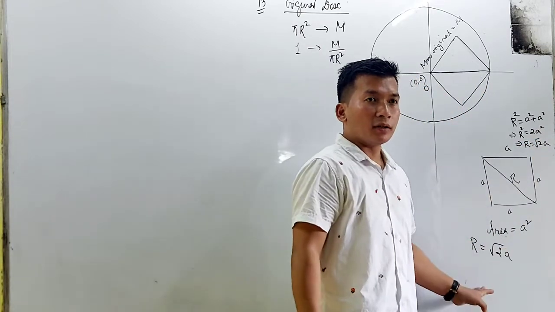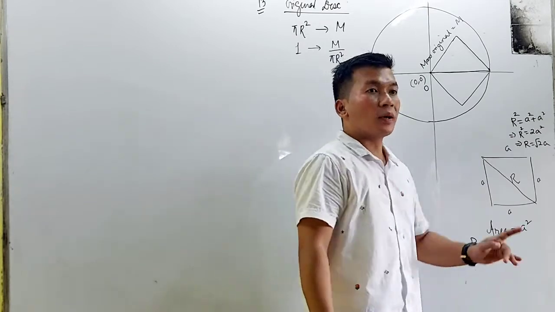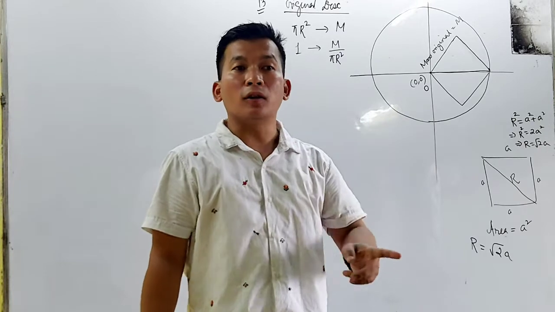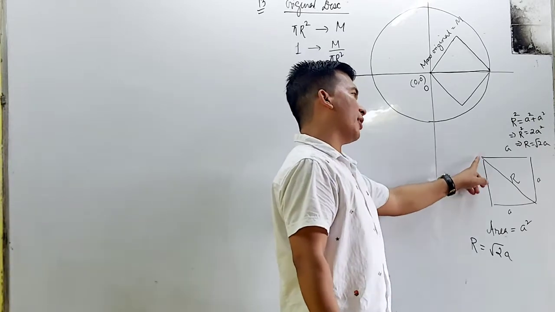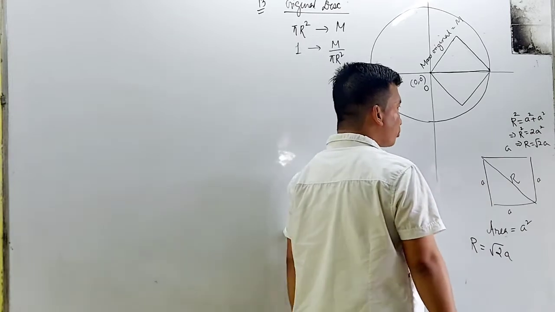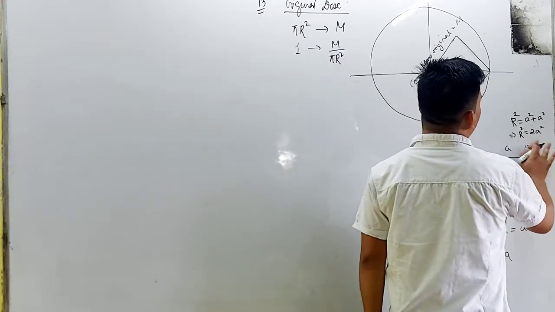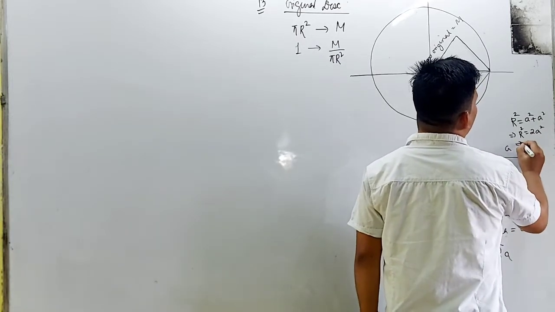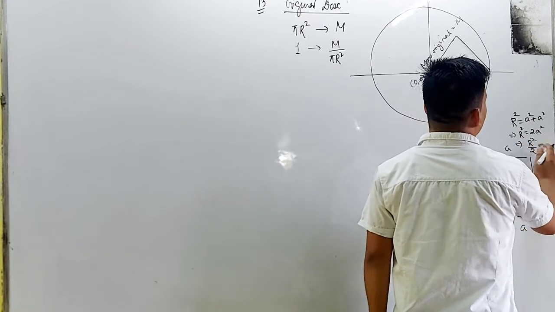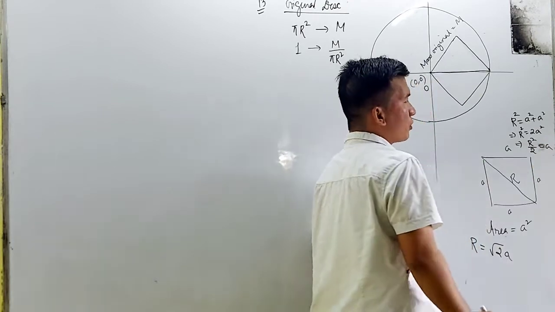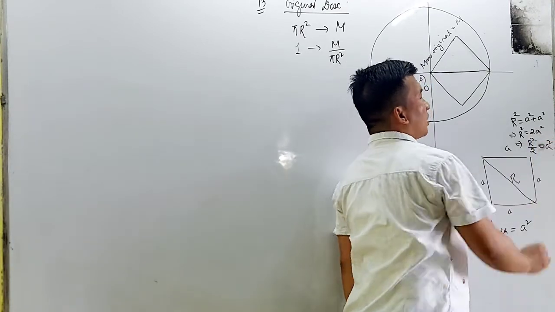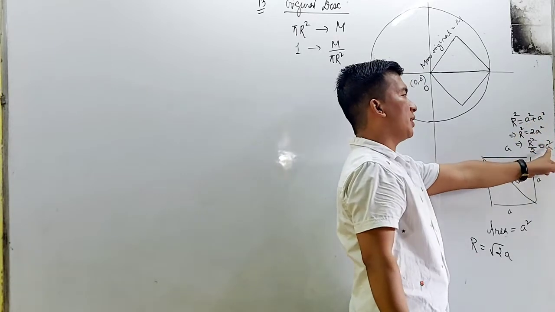What is given here? The radius r is given, but do we know the side of the square? No, we do not know the side of the square, so we can simply put a square equal to r square by 2. Can we put it like this also? This is a square, so the area is a square.